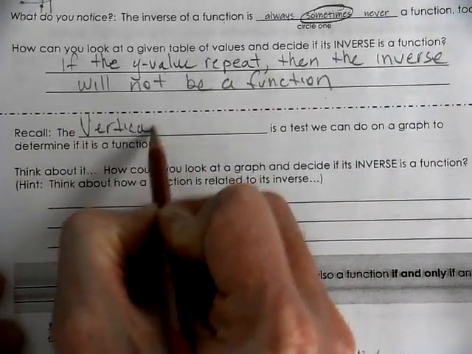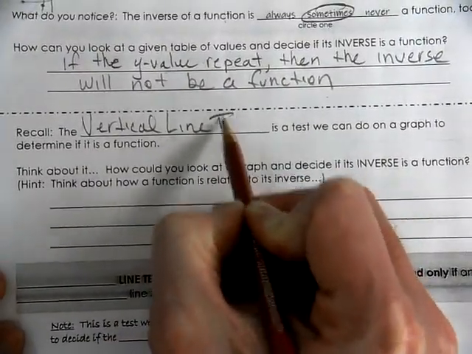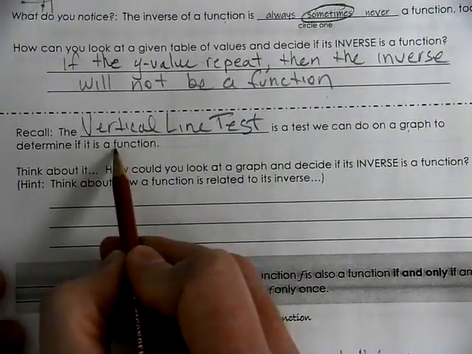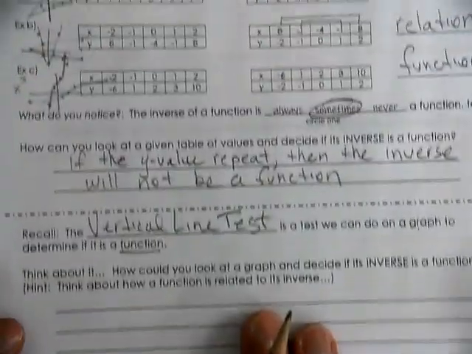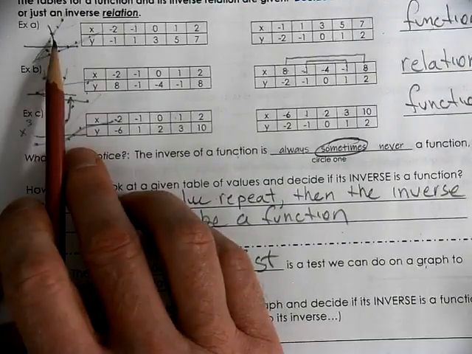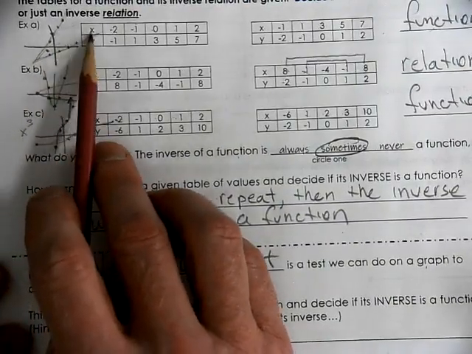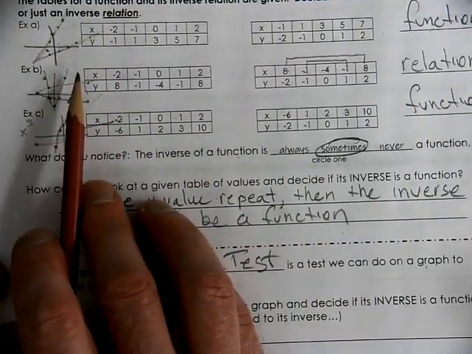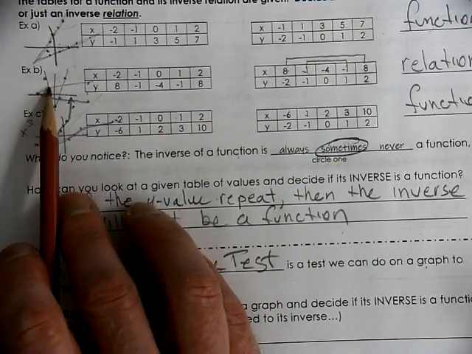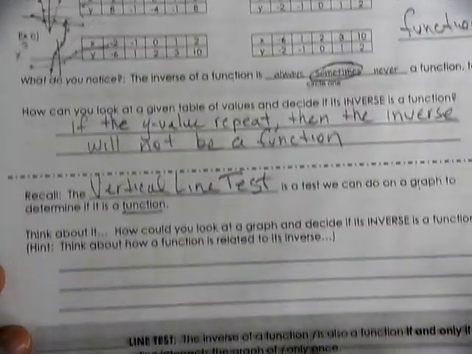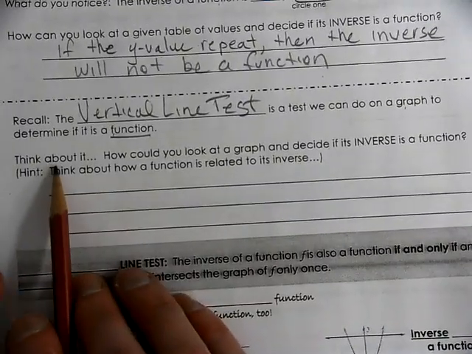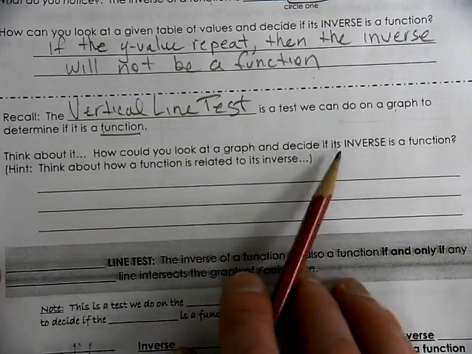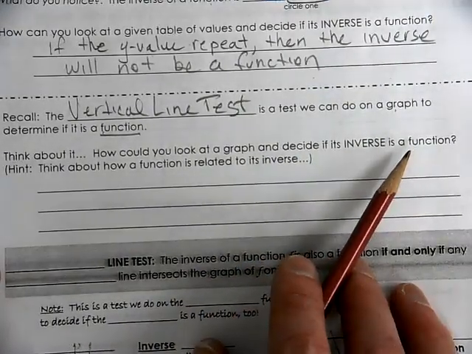A vertical line test is a test that we can do on a graph to determine if it is a function. And that's what we've been talking about. We were doing a vertical line test to see if it would cross only once. But here, with the parabola that's on its side, it's going to cross twice. So if we want to think about it, how could we look at the original graph to determine if the inverse is a function?